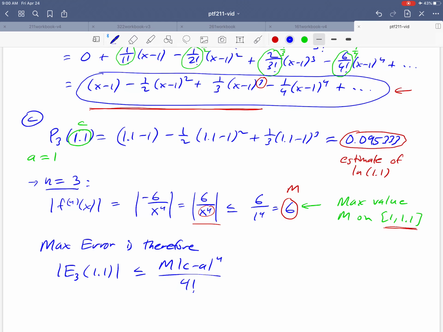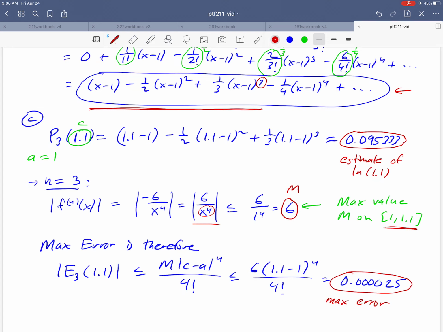Then we're just going to fill in our pieces. m was 6. We've got 1.1 minus 1. If you do that calculation, you are going to wind up with 0.00025. That number that we calculated there is our maximum error.